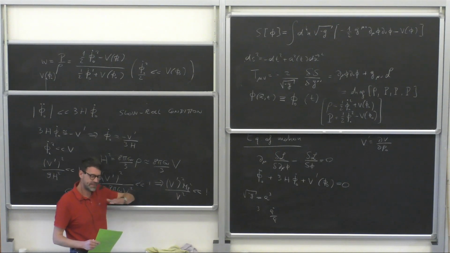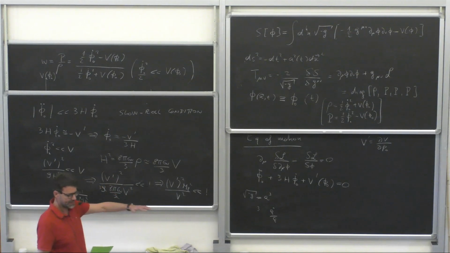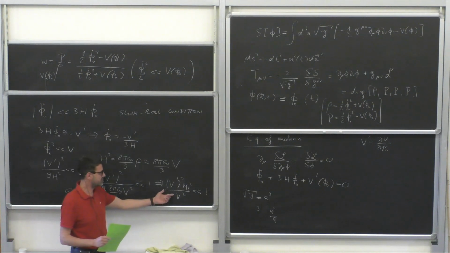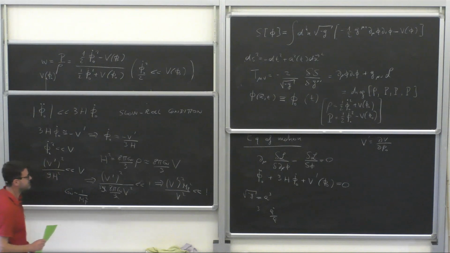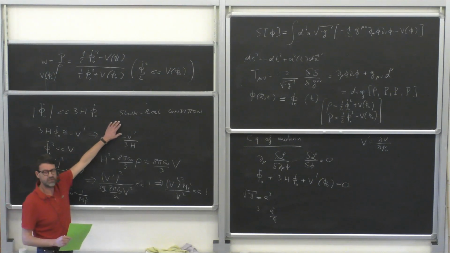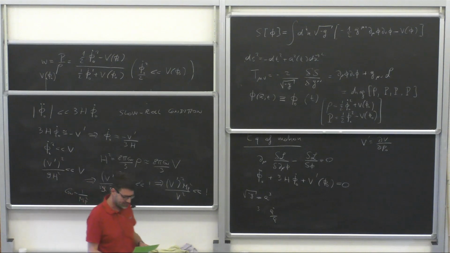When the field makes an excursion of order M Planck, let's say, it does not see the change of the potential sufficiently in such a way that this condition is violated. If that is true, then I can use this equation, and I'm in the slow roll condition, and inflation is happening. This is more or less qualitatively what happens.